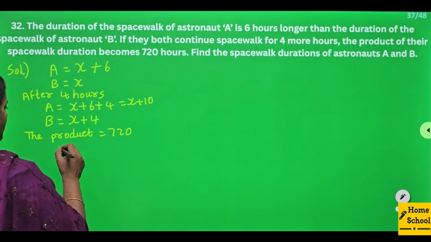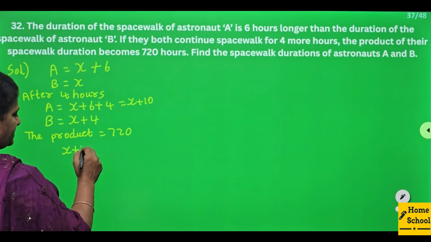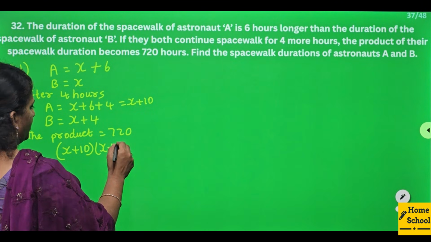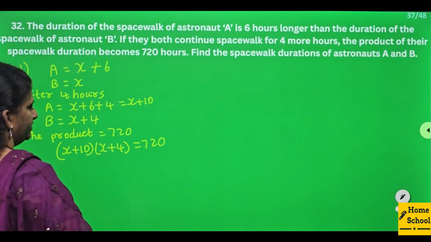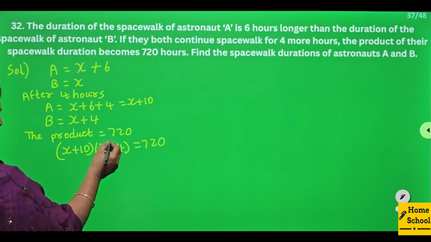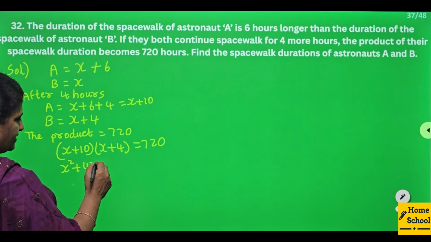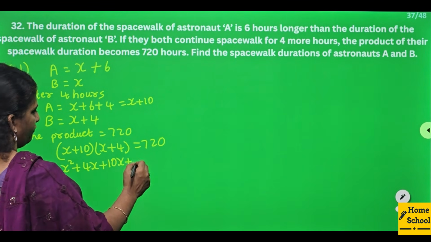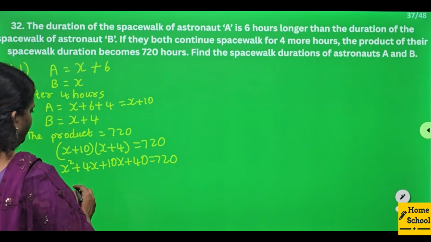720 hours. That is, astronaut A is X plus 10, astronaut B is X plus 4. The product is 720 hours. Now multiply these two. X times X is X square, plus 4X, plus 10 times X is 10X, plus 10 times 4 is 40, equal to 720.